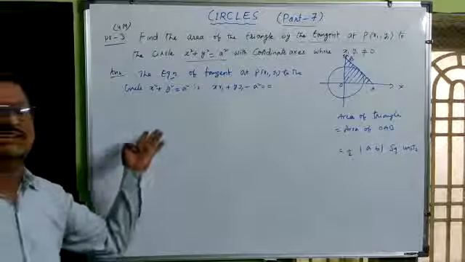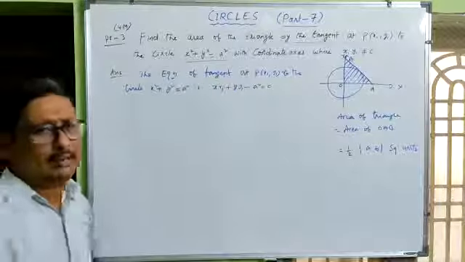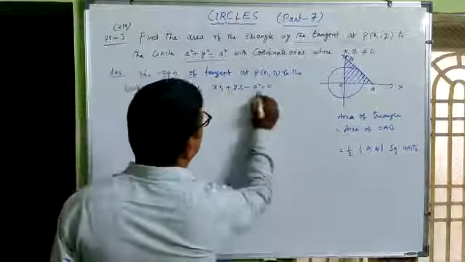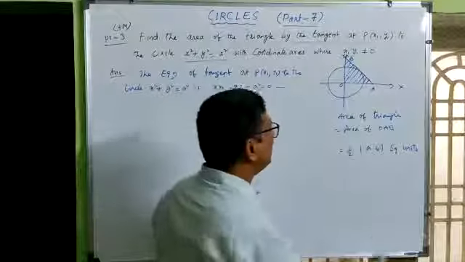The equation of tangent is nothing but S1 is equal to 0. So this is the tangent equation, and this is P.